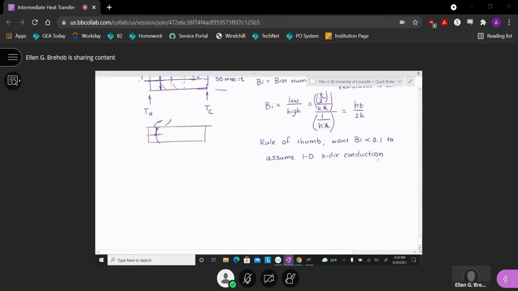So for that plate that said it was 50 millimeters, I'm going to try this for the plate. Okay, so, well, let's follow my order. Let's do HT over 2K. Okay. So I'm going to do 50 millimeters.